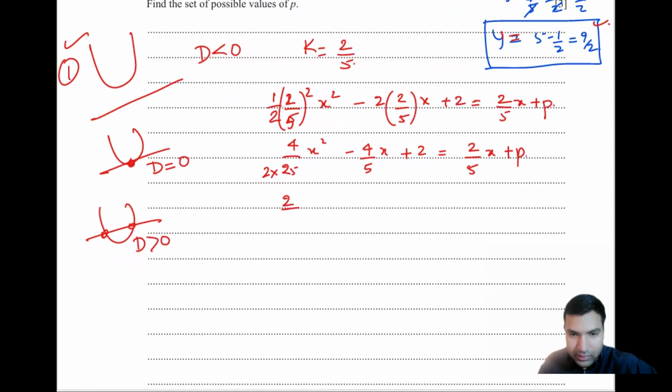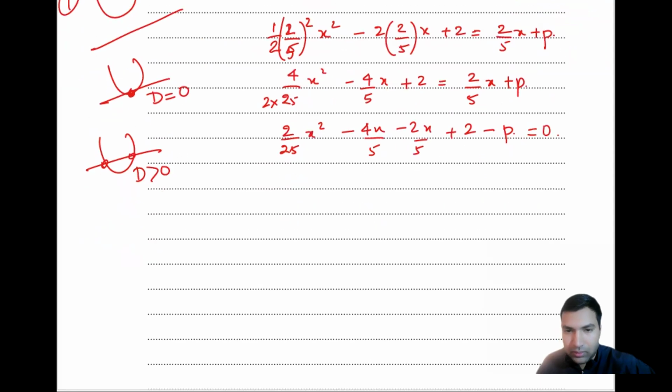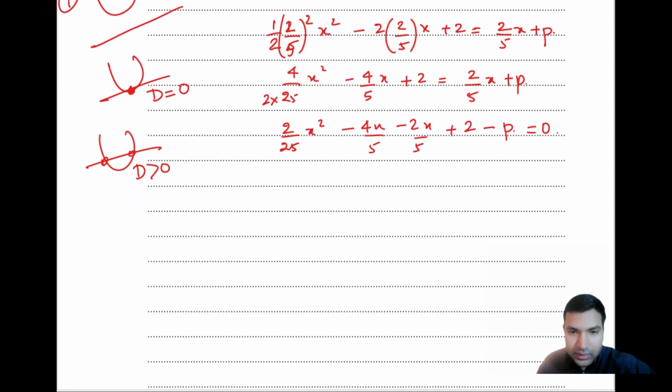Quickly rearranging this, I get 2 over 25 x squared minus 4x by 5 minus 2x by 5 plus 2 equal to p. Or I can actually take p also, it's a constant, minus p equal to 0, making it a quadratic equation. Therefore, again, I'll get 2 over 25 x squared minus 6x over 5 plus 2 minus p equal to 0.